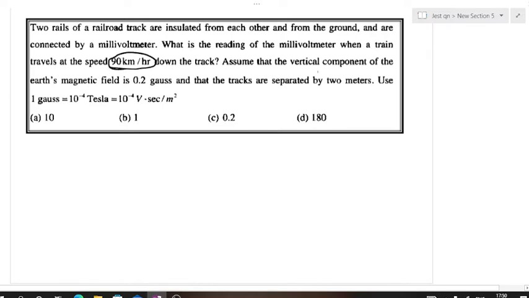Assume that the vertical component of the Earth's magnetic field is 0.2 Gauss and that the tracks are separated by 2 meter. Use 1 Gauss like this, and you know the EMF will be vLB, as this is the motional EMF. Put the values and you will get 1 millivolt. I am not going to solve this because it's a very easy question.